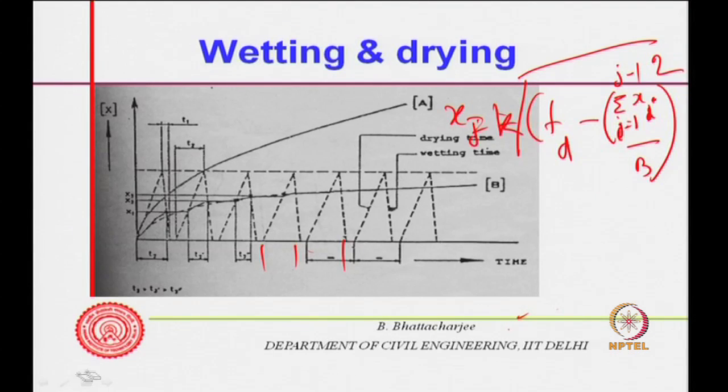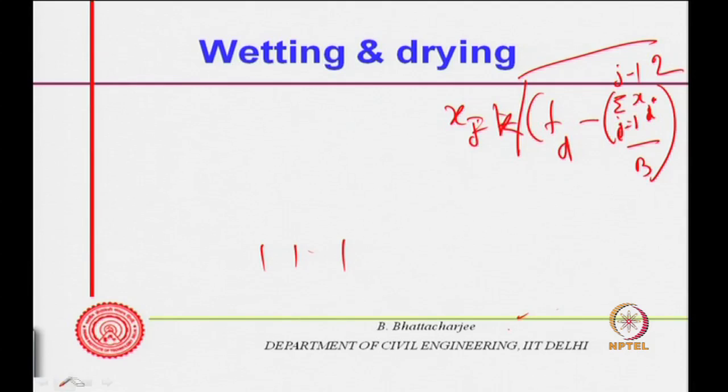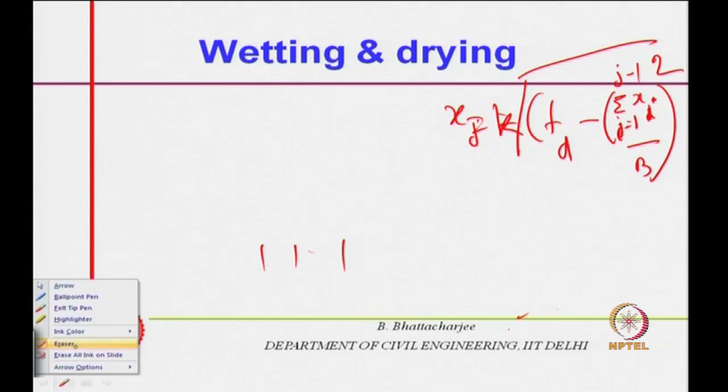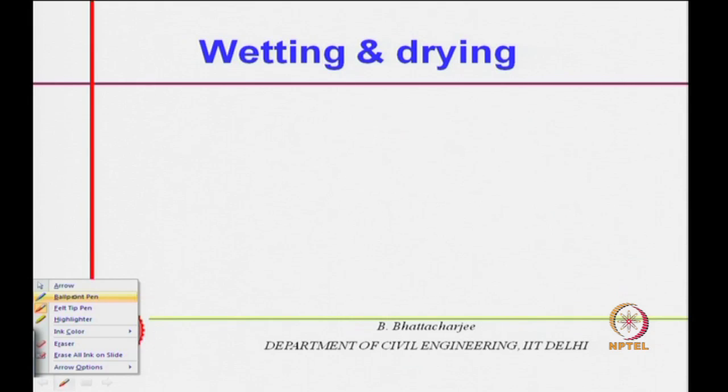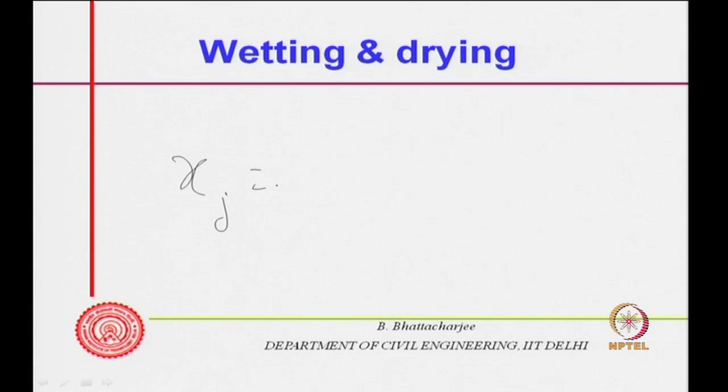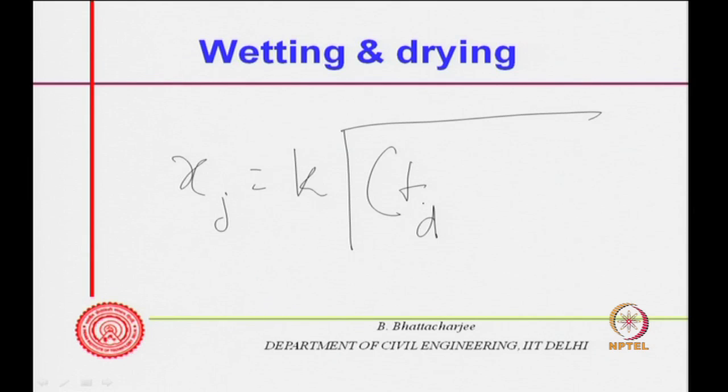The x_j, let me erase this out and write clearly. x_j, that is the carbonation depth at any cycle, the jth cycle, will be given as k under root T_d, where T_d is the cycle time or effective duration in every cycle during which carbonation can occur, minus sigma x_i going from 1 to j minus 1 by b square.